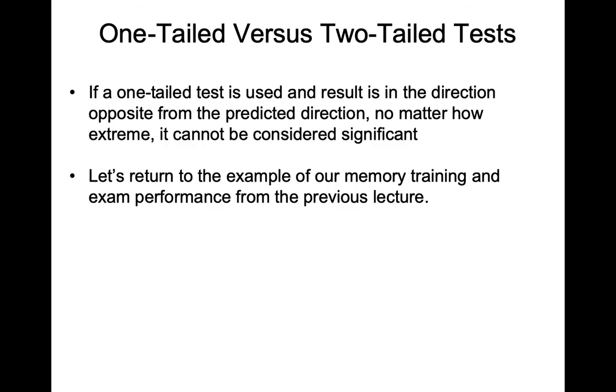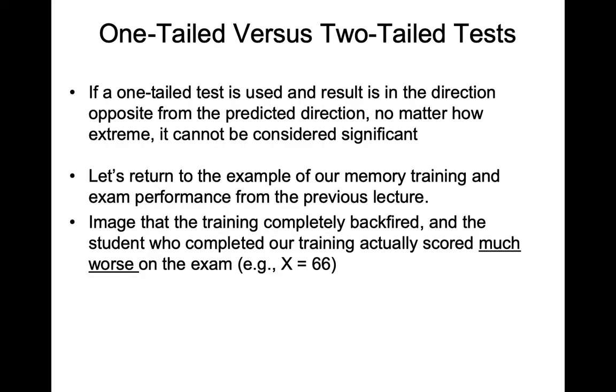Let's return to our example of memory training and exam performance from the previous lecture. I've come back to it a couple times in this lecture, but we did the worked out example in the previous lecture. Let's just imagine that our training completely backfired and the student who completed our training actually scored much worse on the exam than average.